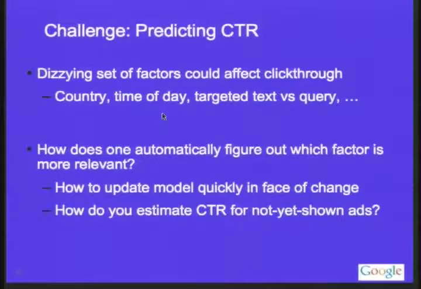And it's much more complicated than just predicting a CTR of a given ad, because it depends on the country, it depends on the actual query, it depends on time of day, lots of different dimensions. So one of the problems that we have constantly is, how do you update the model? So one way computationally you can think of how we can do this is to look at historical data.